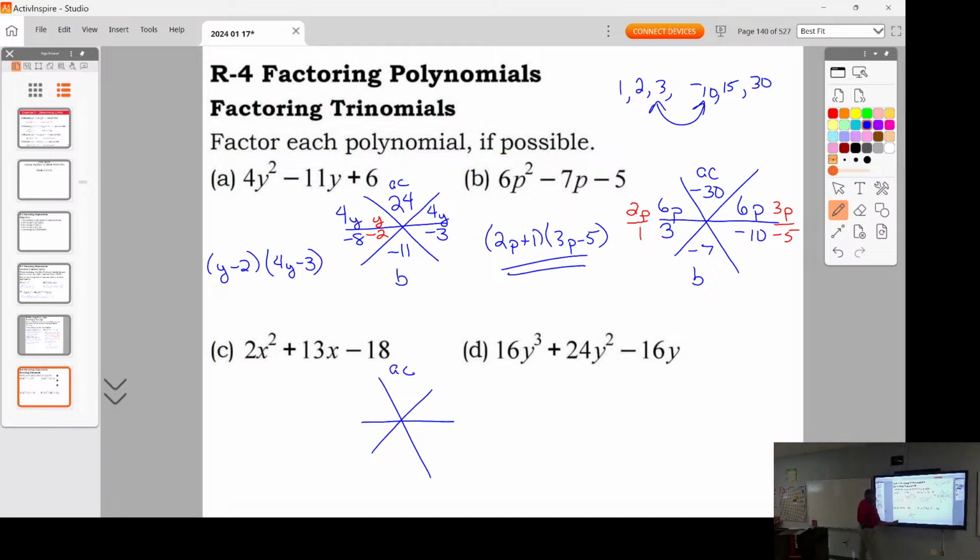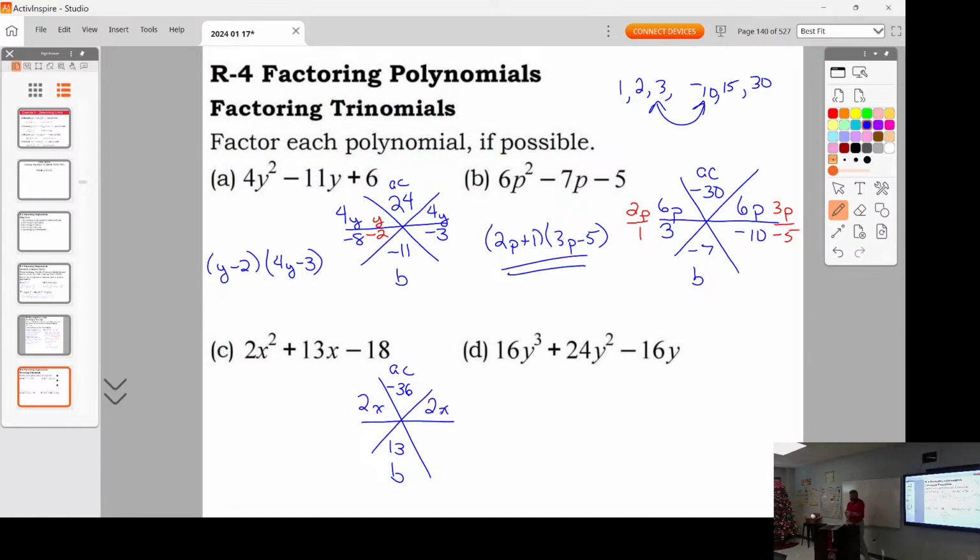A times C, negative 36. B is 13. Top left and top right, 2x. Products to get negative 36, but add together to get 13.